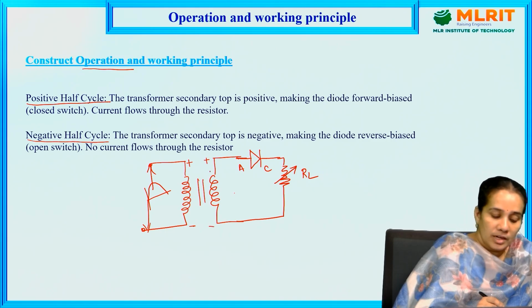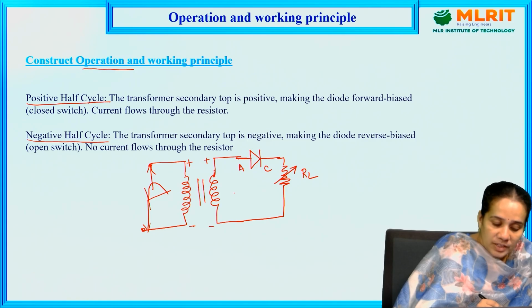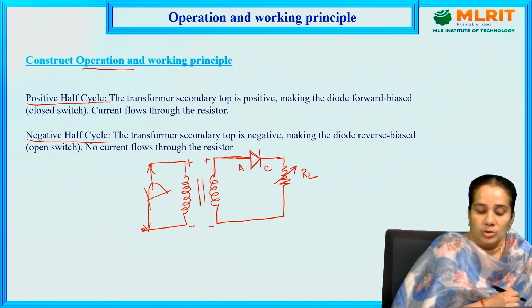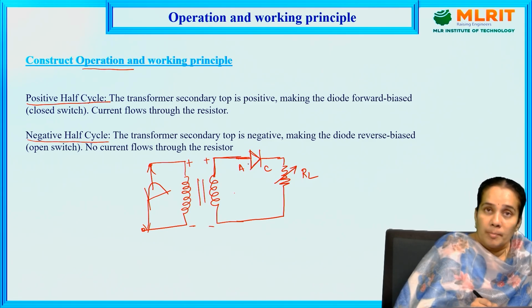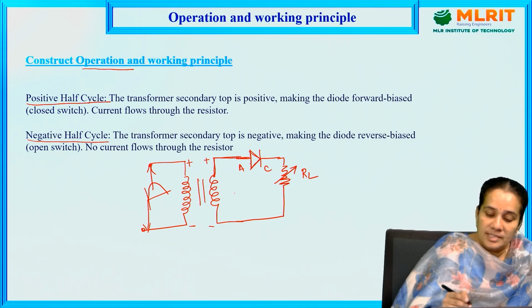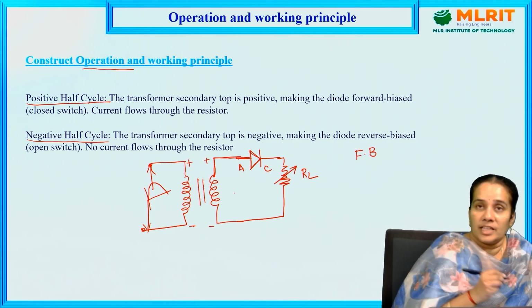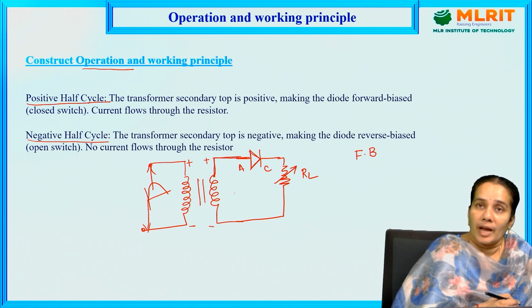The secondary winding is connected to the p-type semiconductor, that is the anode. The positive is connected to the p-type semiconductor, so the diode is in which bias? Forward bias.